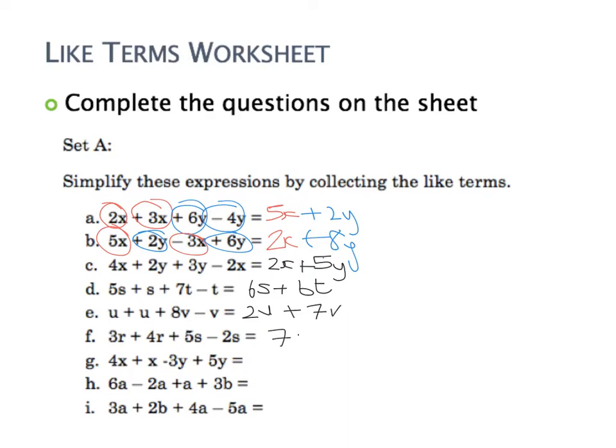We've got 7r plus 3s. 5x plus 2y. That's 5a plus 3b. And then the last one is 2a when we add them all together, plus 2b. So I want you to go through those answers as well from section A and correct your work.